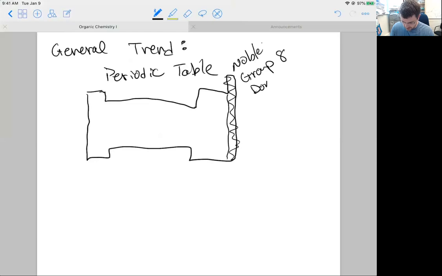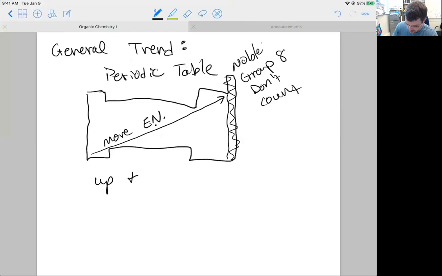These don't count in this trend. But after that, generally what you see is increasing electronegativity as you go up into the right. So as you go up into the right, you generally see more electronegative elements.